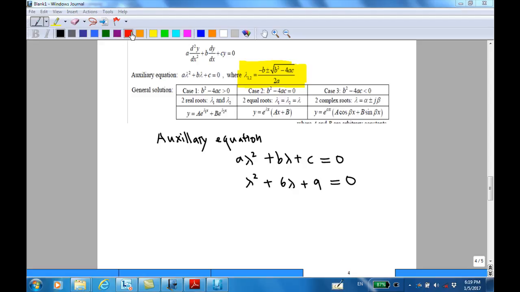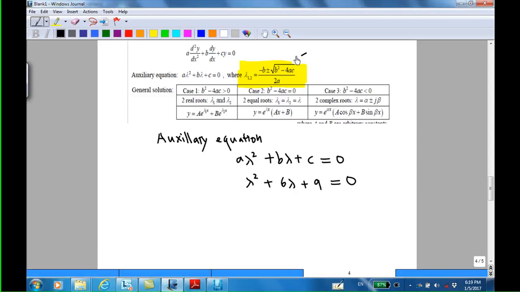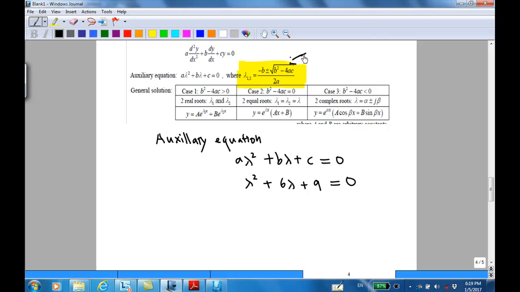Then we're going to find λ1 and λ2, using the formula λ1,2 = (-b ± √(b² - 4ac)) / 2a.